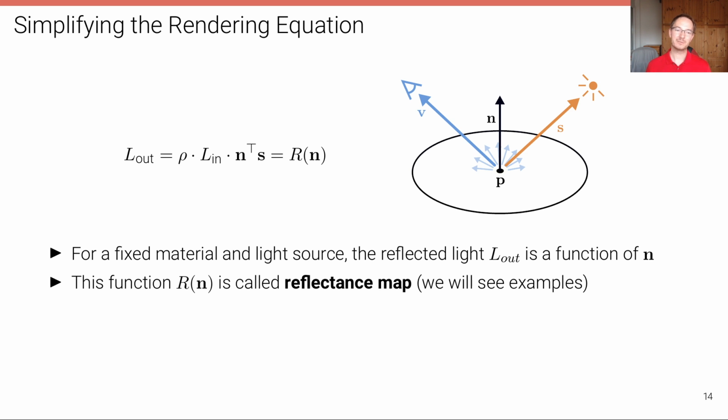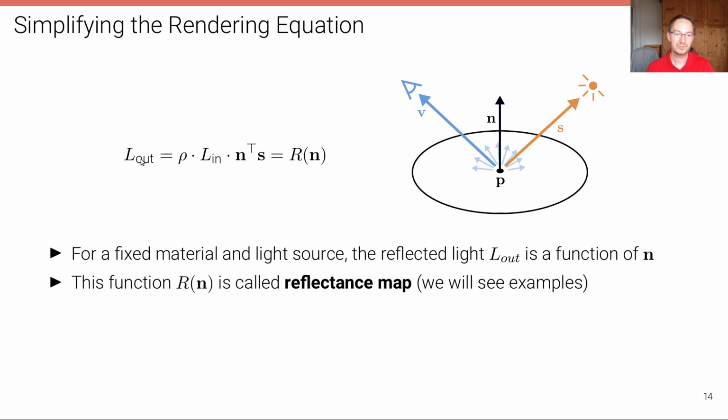So what we've seen is that for a fixed material and light source, the reflected light L out is a function of the normal. We can consider this expression as a function of the normal, because we assume a fixed light source that is known, we have calibrated it, we know where it is located, and also we assume a known albedo, or the albedo can be absorbed in the image intensity, so it doesn't matter.